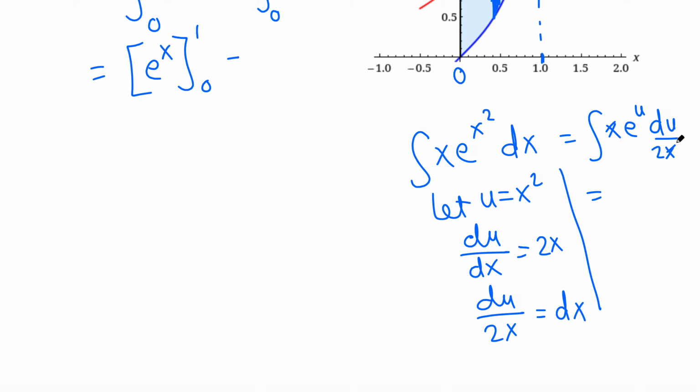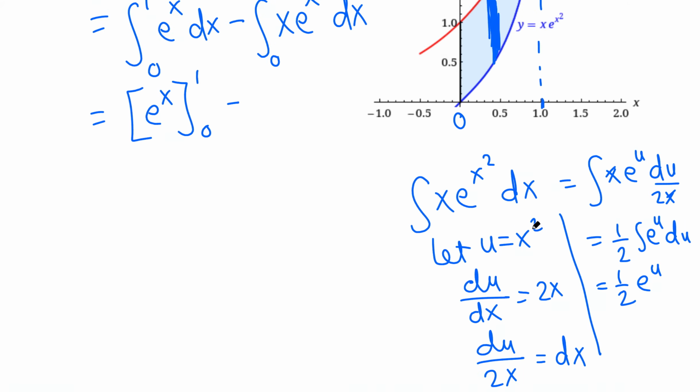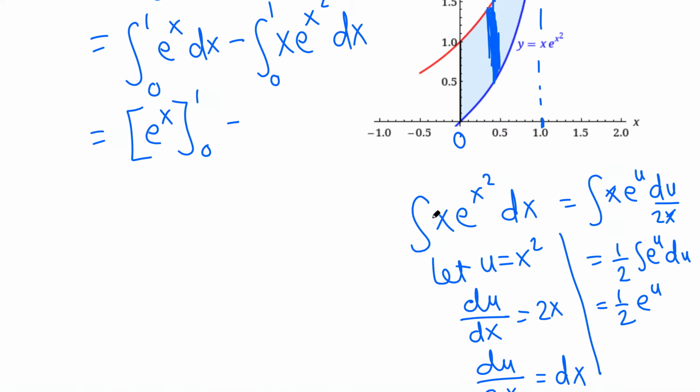Now the x's cancel, and the 2 can be pulled outside, that's 1/2 the integral of e to the u du, 1/2, and the antiderivative of e to the u is e to the u plus c, not needed because we are in the definite integral case. And u is in fact x squared. So I want to come back and write this as 1/2 times e raised to u, which is x squared. And that is again from 0 to 1.